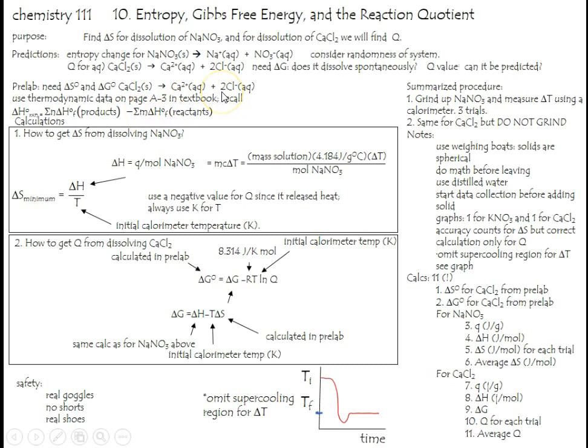And notice there is a coefficient there. So I hope you did those calculations. I hope you got your units correctly. I'll be checking for them, and we'll need them in part 2 of our calculations.